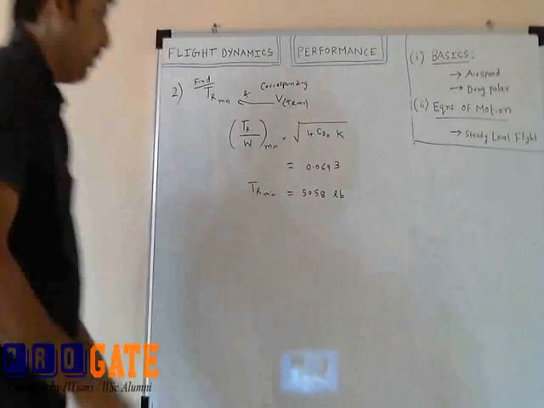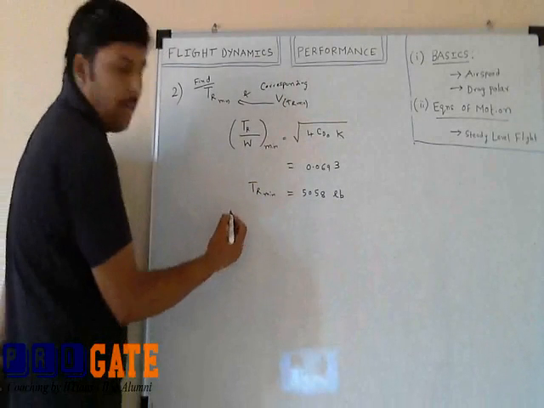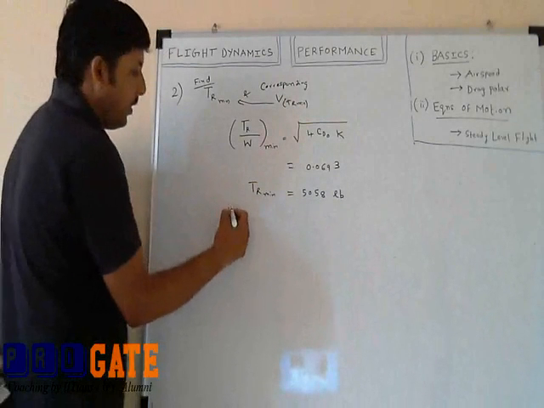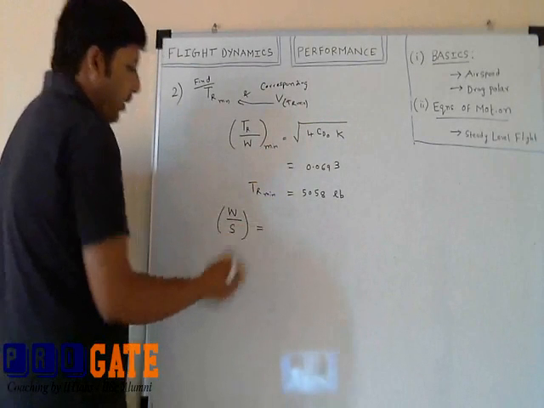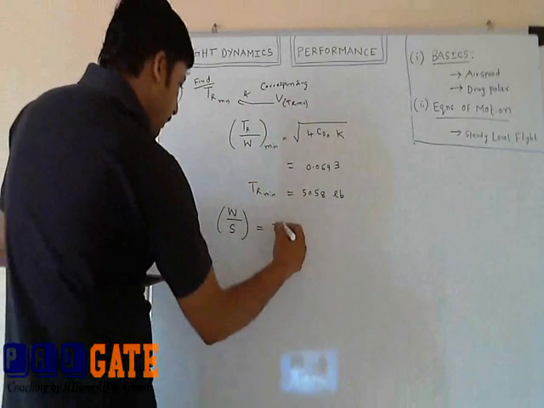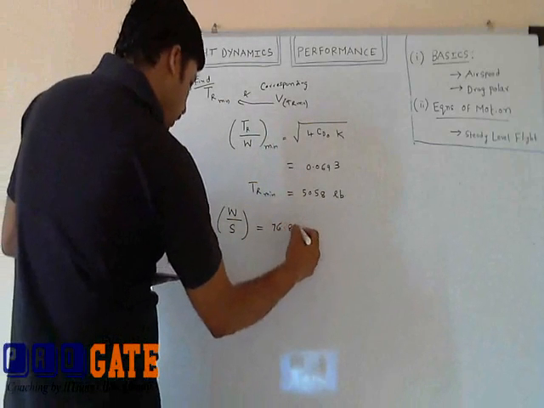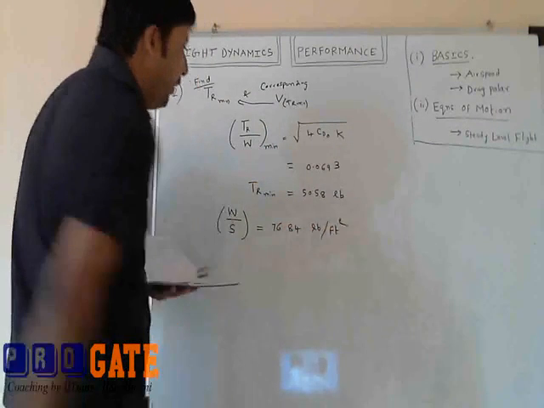To find V TR min, let us find the other design parameter we have discussed, which is the wing loading, W by S. We know W and we know S. So W by S is 76.84 per square foot.